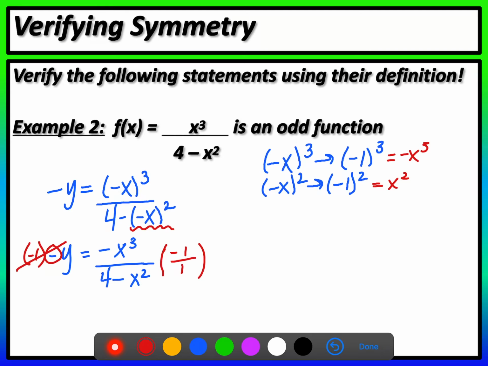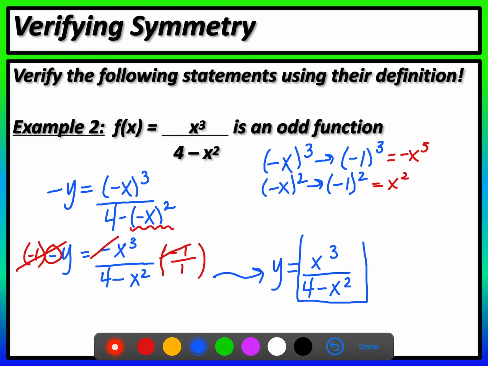So those would cancel, and on the right side I would just put it over 1 since I have a fraction, and across the top and across the bottom those negatives cancel. So I get back to x cubed times 4 minus x squared.